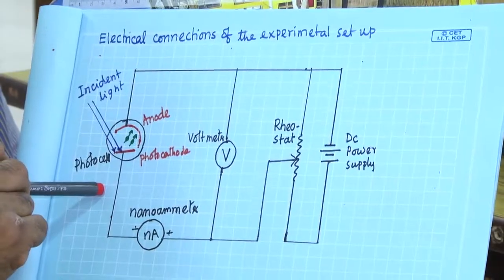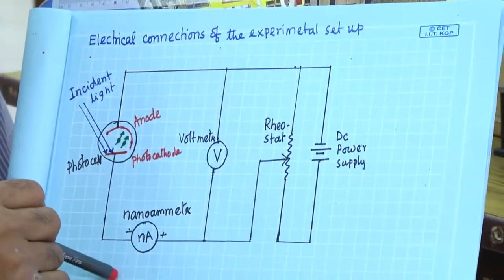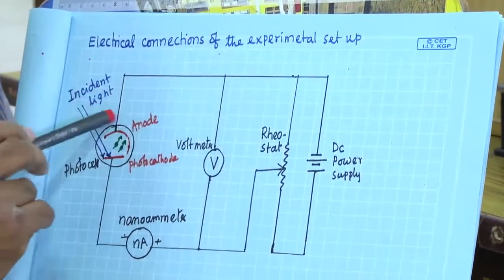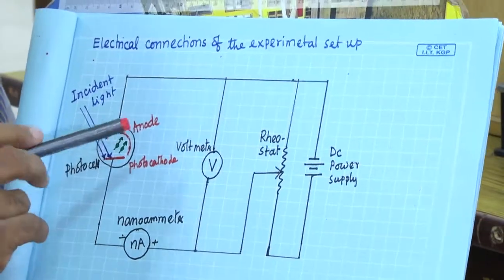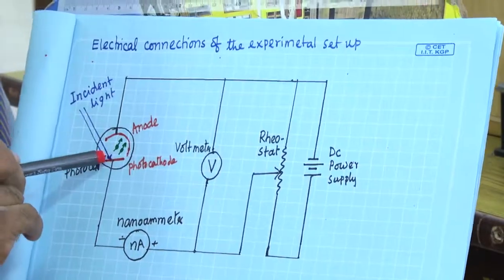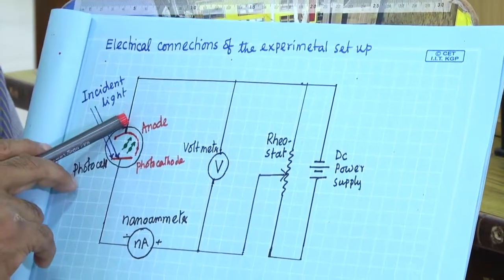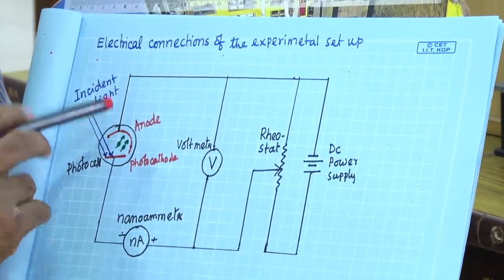Now, to study the behavior of the photocurrent with respect to the voltage applied to the anode with respect to the cathode, we are applying a negative voltage, a retarding potential, a stopping potential.